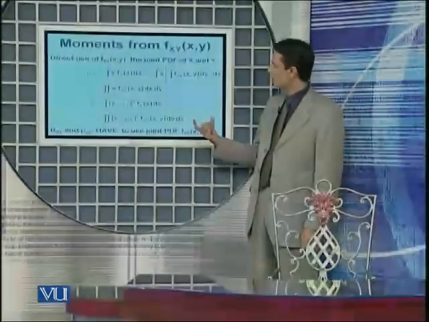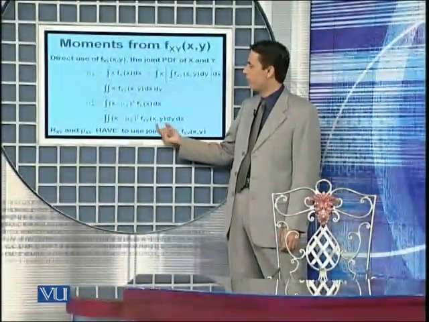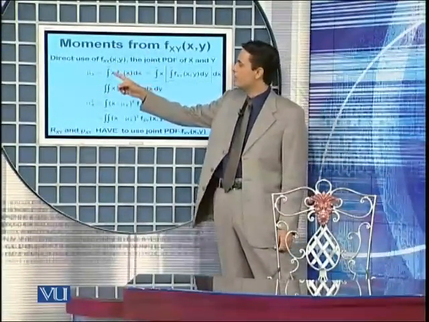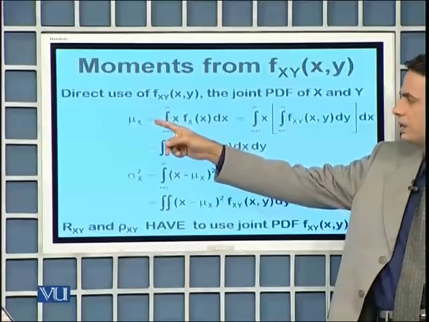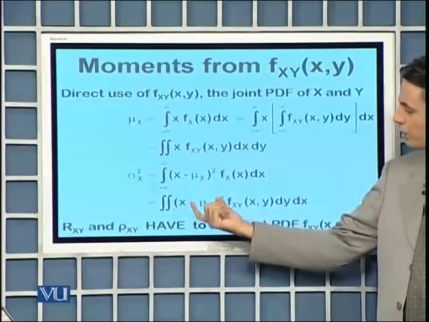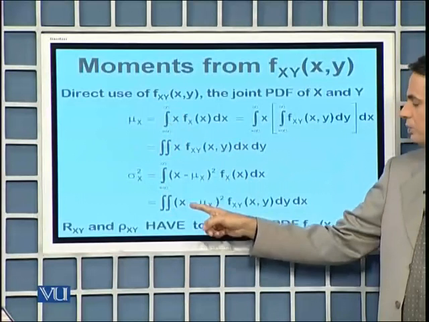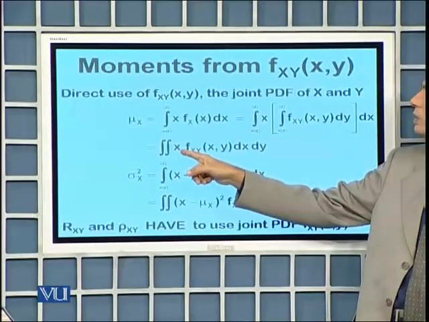So you can use the joint PDF of x and y directly to find the expected value of x or variance of x. Similarly, you can find the expected value of y and variance of y by using the appropriate function here. Here you will use (y minus mu_y) whole square, and here you will use y.